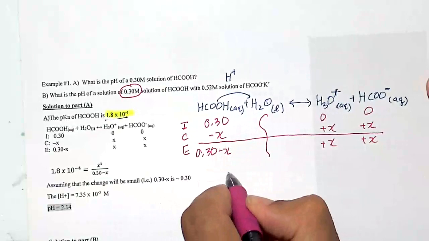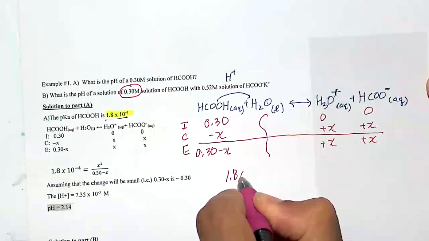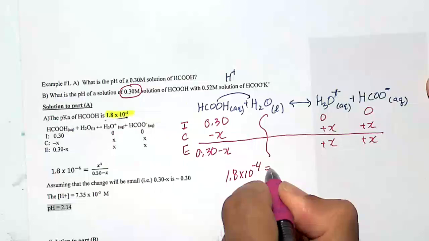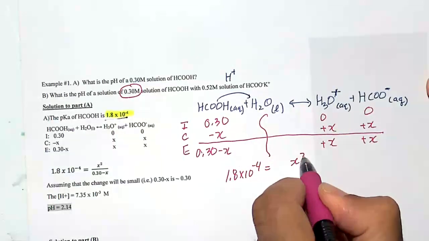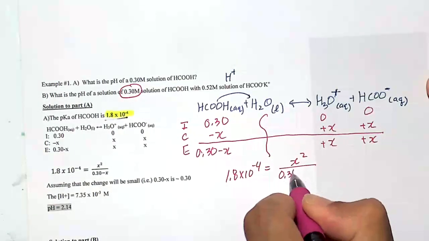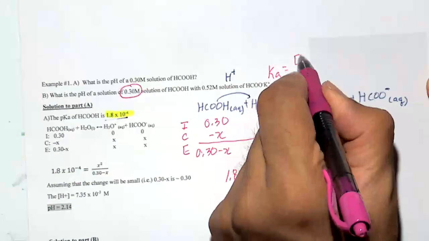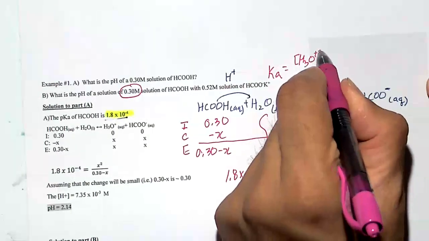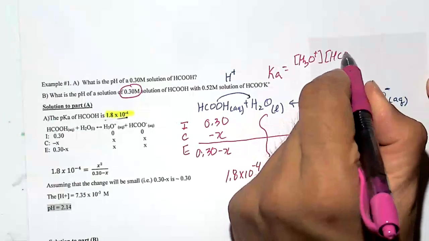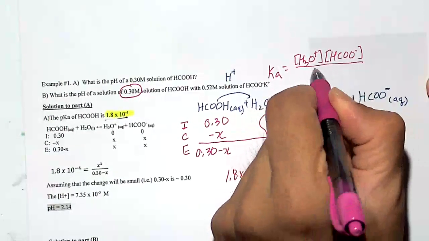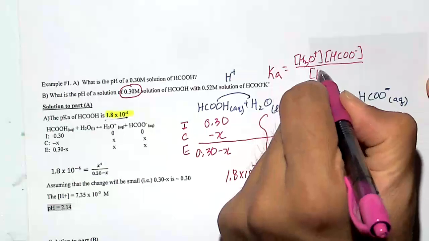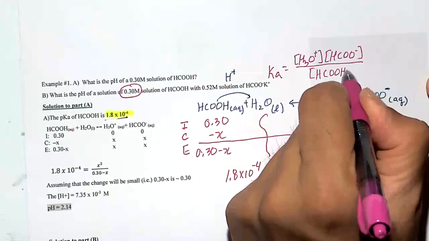Plug it into the Ka, because remember, Ka is equal to H3O plus times HCOO minus divided by HCOOH.